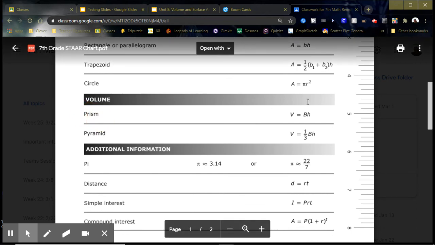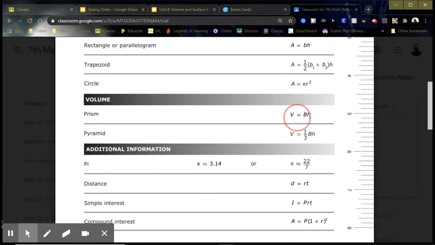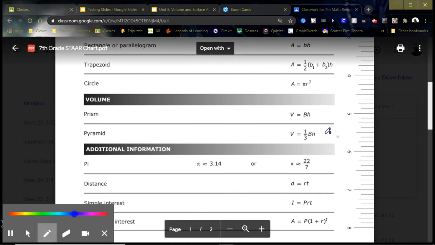So we're doing rectangular prism right now, right? This is what it says: volume equals base times height. That big B we need to know on the rectangular prism is just the length times width. So we would just be doing length times width times height.